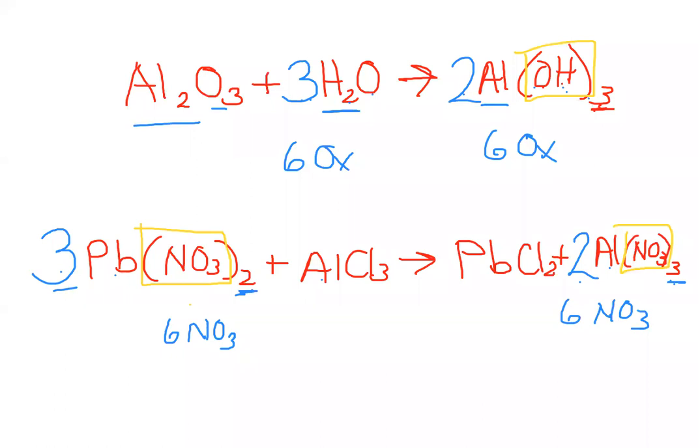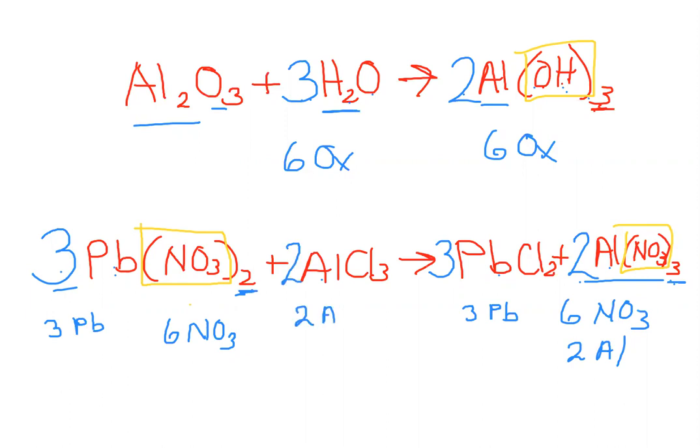Let's see what else I've got. I've got 3 leads. Over here, I only have 1, so I better put a 3 in front of it. Now I have 3 leads and 3 lead. Over here, putting a 2 in front of this one gave me 2 aluminums. I only have 1 aluminum over here, so I better put a 2.